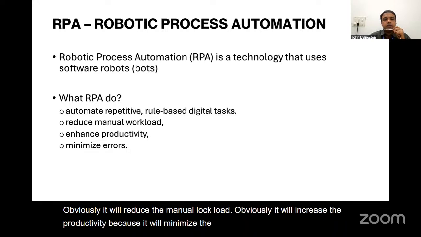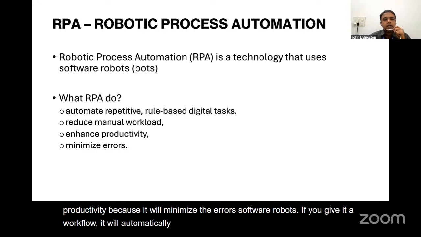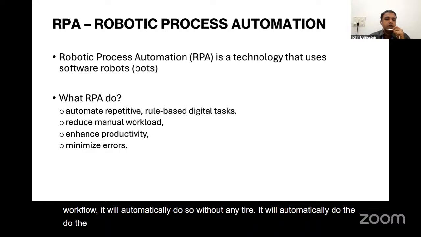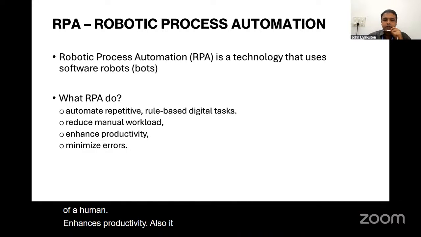Software robots, if you give them a workflow, will automatically do it. Without getting tired, they will do the workflow even for lakhs of data, isn't it? So it will reduce the workload of a human, enhance productivity, and also minimize the errors.